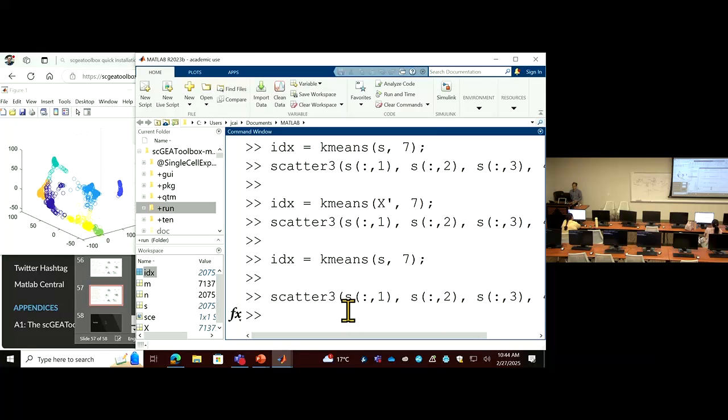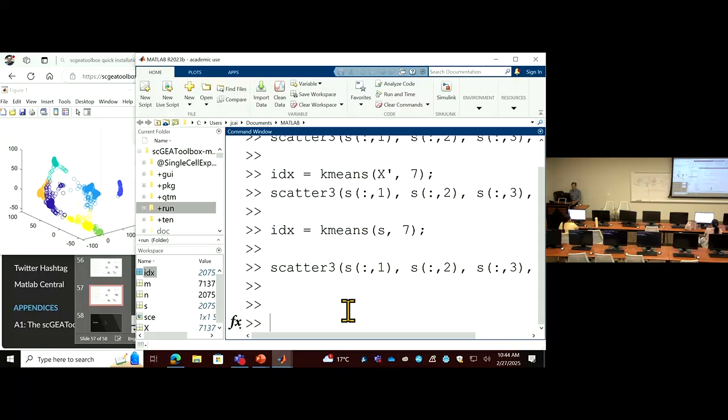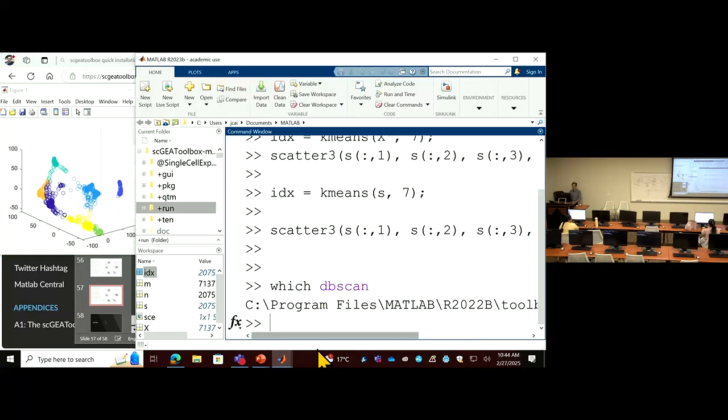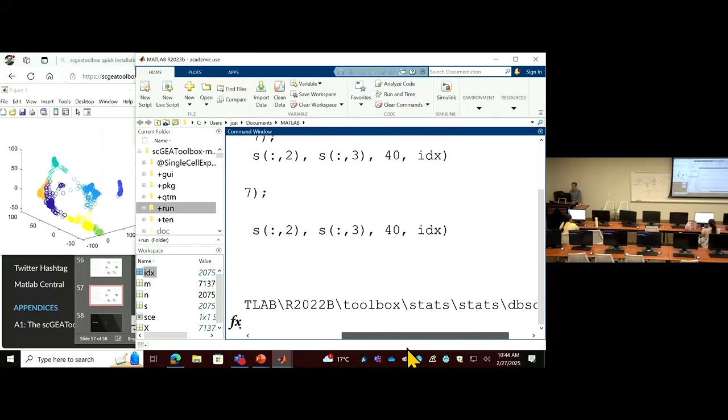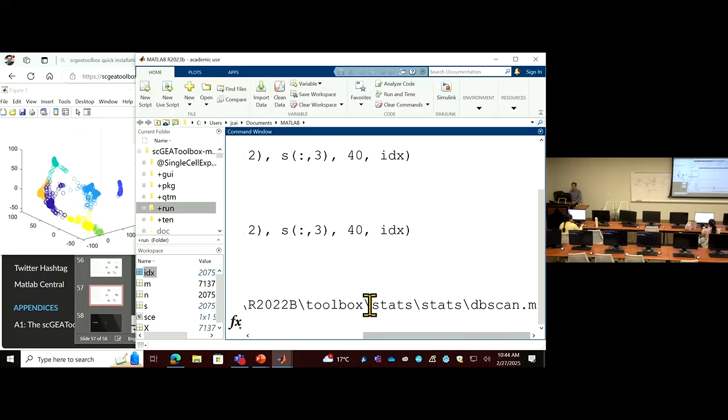Okay, you get this. Now, you can try DBSCAN. If you do the DBSCAN, you see, okay, this is a built-in function in the toolbox.